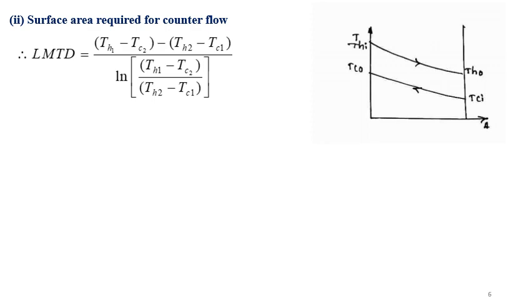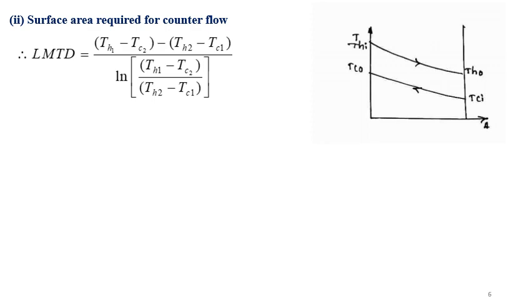There it is given: TH1 minus TC2, that is THI minus TC naught, minus TH2 minus TC1, or TH naught minus TCI, divided by ln of TH1 minus TC2 divided by TH2 minus TC1.